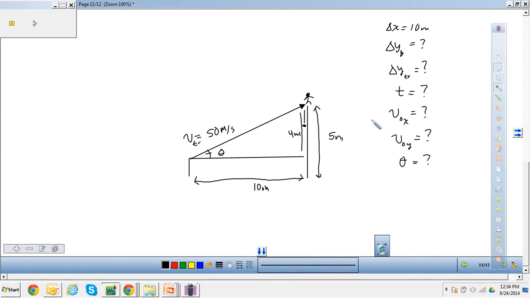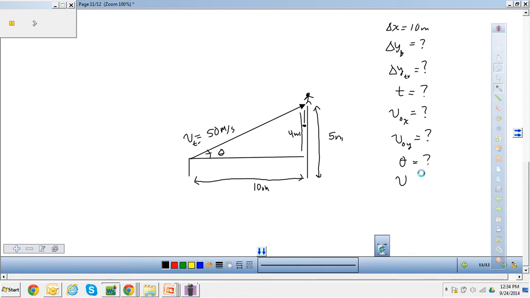But we do know the velocity magnitude. I have to wait till this little blue circle stops. Well, that's unfortunate, all that lines up right on the. Is that a little better?